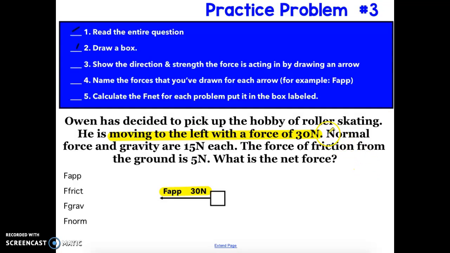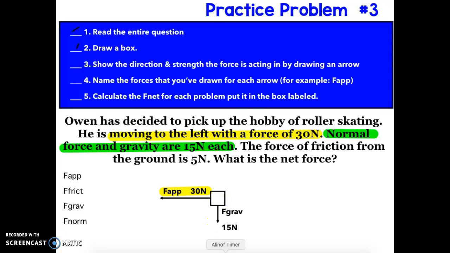All right, the next part, it says normal force and gravity are 15 newtons each. So gravity I'm going to start with always pulls us down. So I'm going to draw a vector down. And now I'm going to label it. That's F grav, and it's 15 newtons. Now, normal force is pushing up. Normal force is always opposite of gravity.